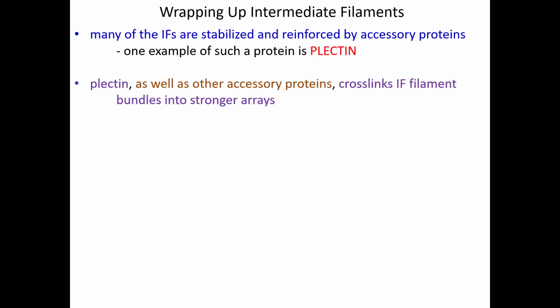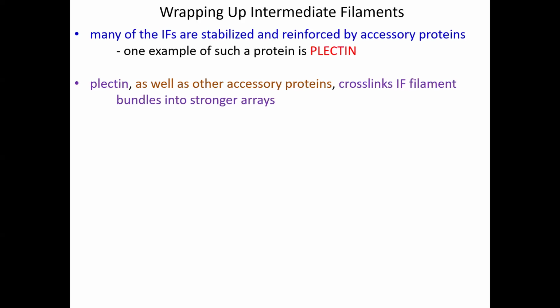So, to wrap up intermediate filaments for now, many of the intermediate filaments are stabilized and reinforced by accessory proteins. So they can't do their job all on their own. And one such example of an accessory protein is plectin. Plectin is one example of many, many accessory proteins.